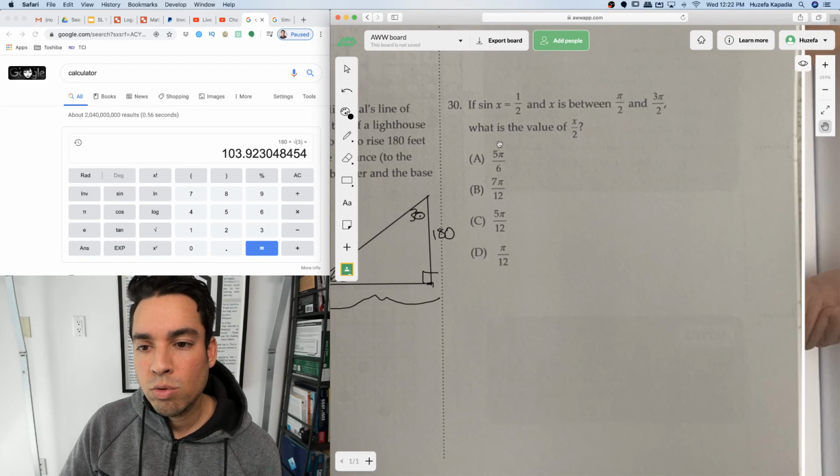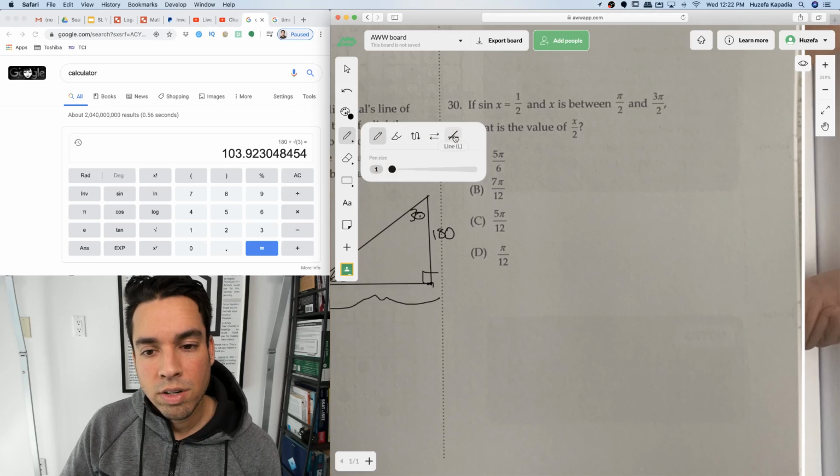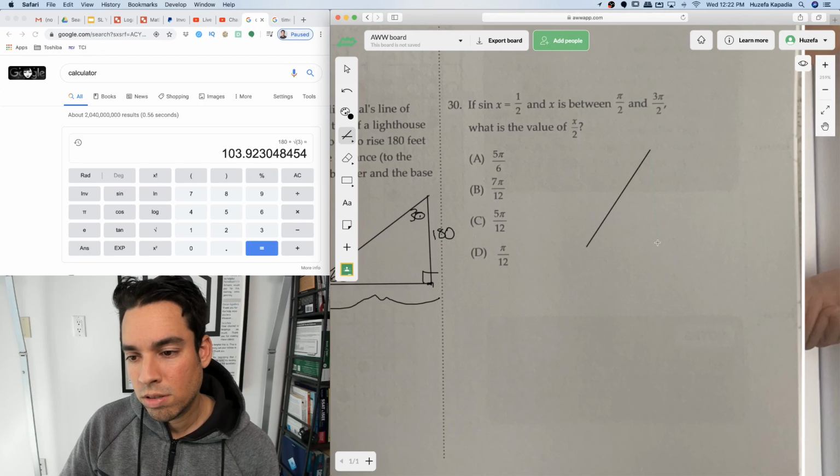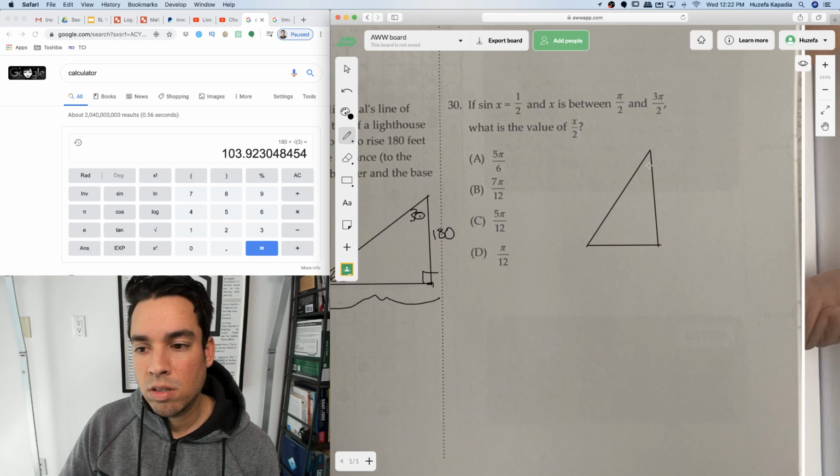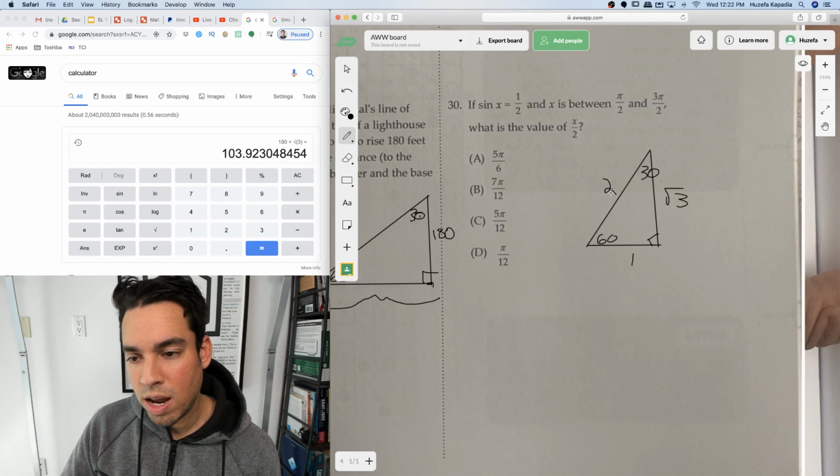And then on to 30. If sine of x equals 1/2, it's a 30, 60, 90. I'm just going to draw it out. So this is 30, 60, this is 1, 2, root 3. So if sine of x equals 1/2, x is 30 degrees because opposite over hypotenuse is 1/2.